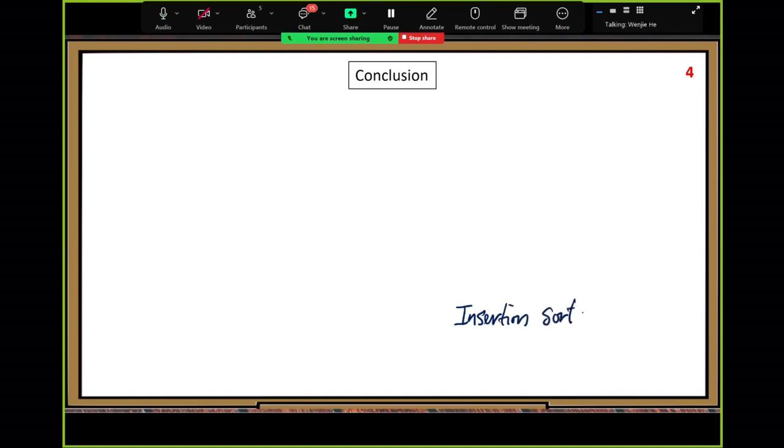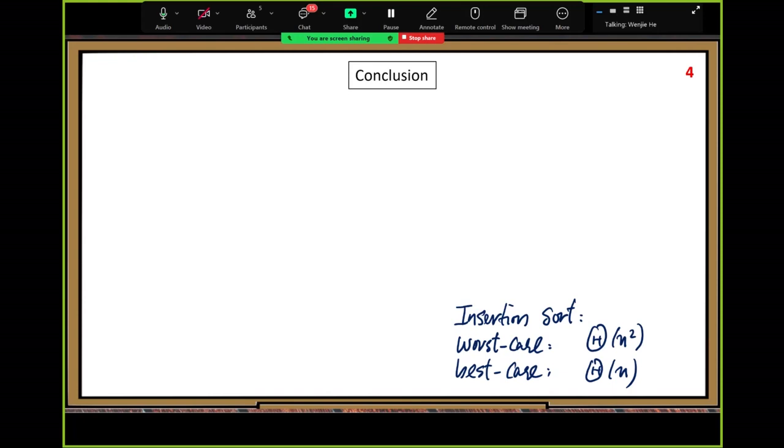Insertion sort has this property: the worst case efficiency is big theta of n squared, and the best case efficiency is big theta of n. Remember? That's what we did in the first half of the discussion.